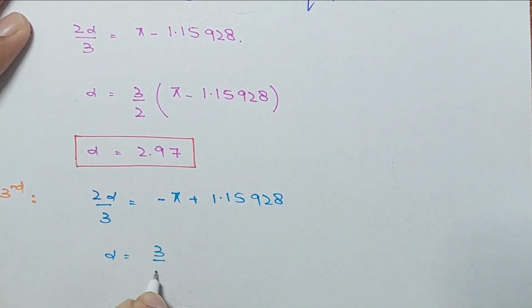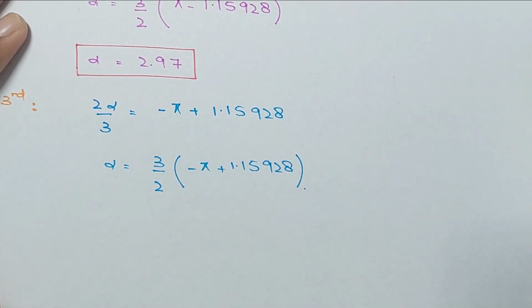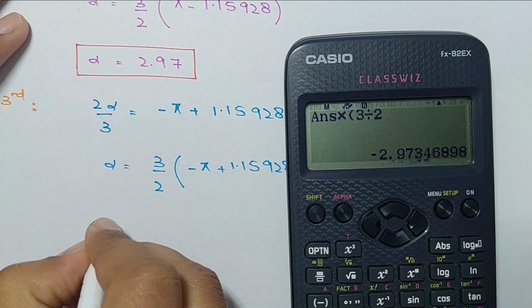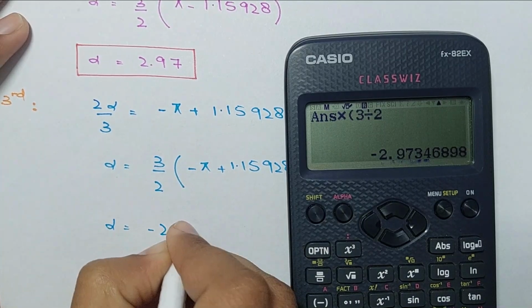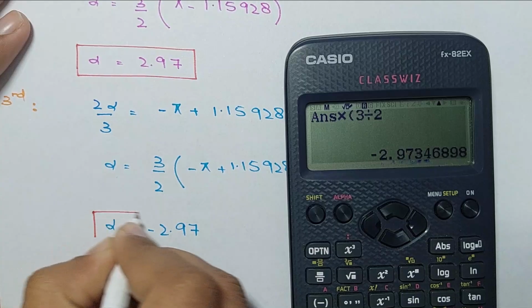Alpha is 3 by 2 into minus pi plus 1.15928. 1.15928 minus pi multiplied by 3 by 2 is minus 2.97. This is your second solution.